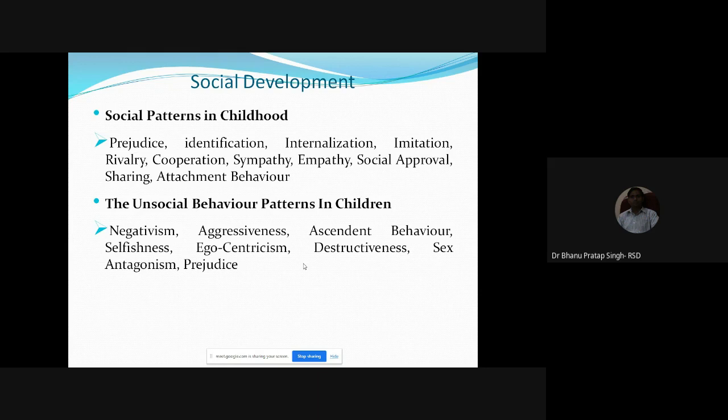So there are some unsocial behavior patterns also, and they may also be noticed by the teacher. First is negativism.